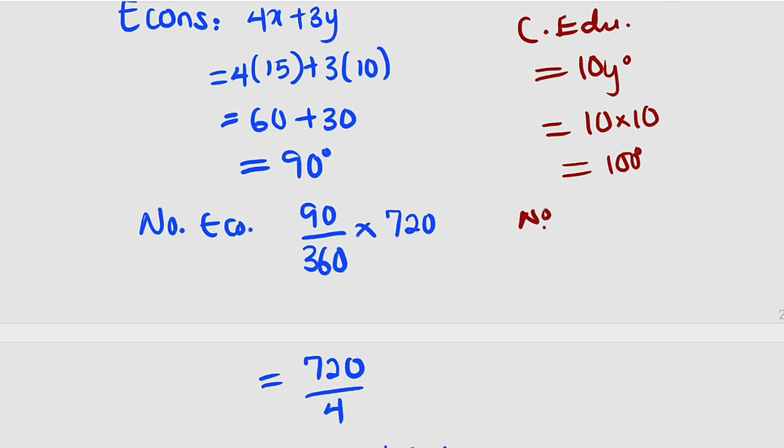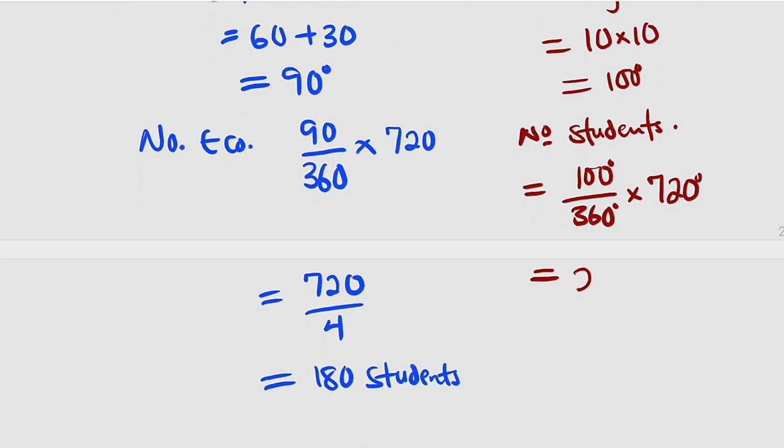The number of students that offered the course will be 100 degrees out of 360 degrees, multiplied by the total number of students, 720. If you simplify this, you obtain 200 students. So there are 200 students that offered civic education, and 180 students that offered economics.